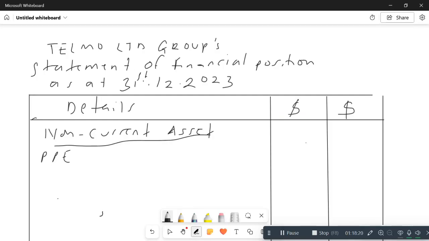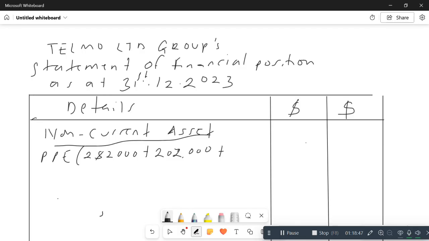Our PPE is 282,000. We add 202,000, and we are going to add our fair value adjustment. We had that step 2 for PPE. It was 15,000.